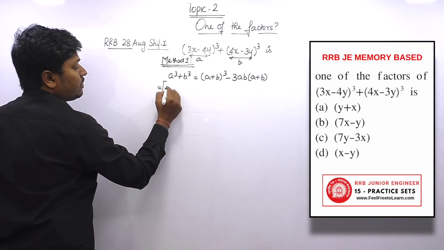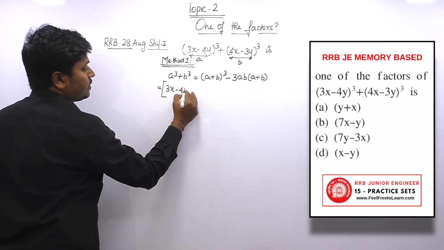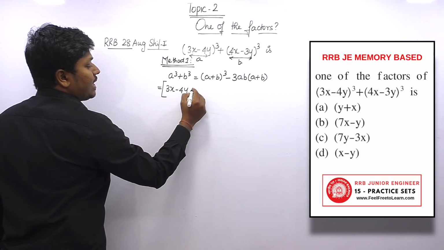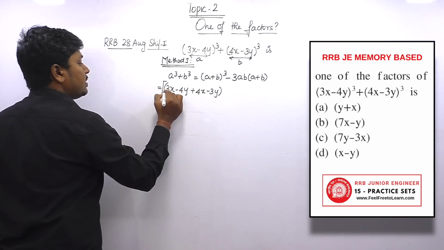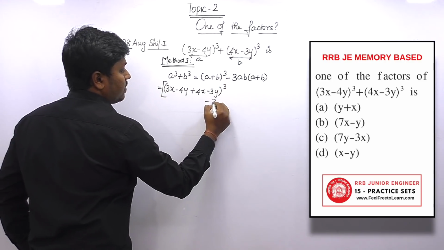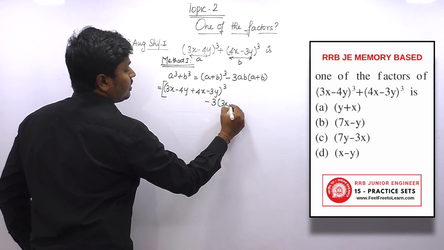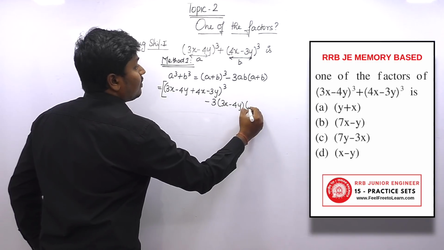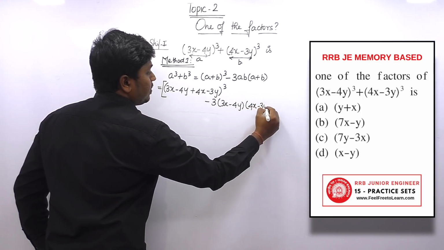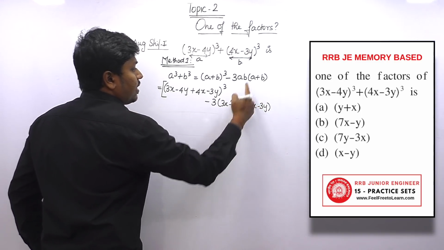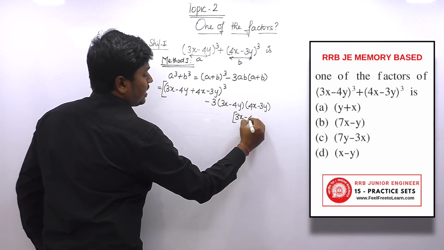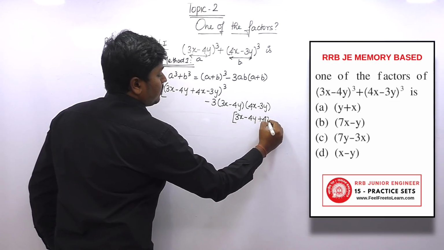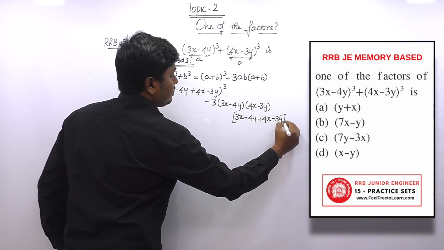So the value of a will be 3x minus 4y plus the value of b. So the value of b will be 4x minus 3y, and the complete term will be cube. So minus of 3 into value of a, 3x minus 4y, value of b, 4x minus 3y. So into a plus b, just now we have found what is a plus b. So a plus b will be 3x minus 4y plus 4x minus 3y.